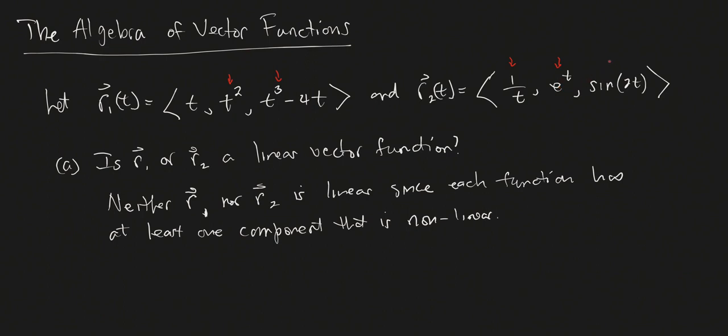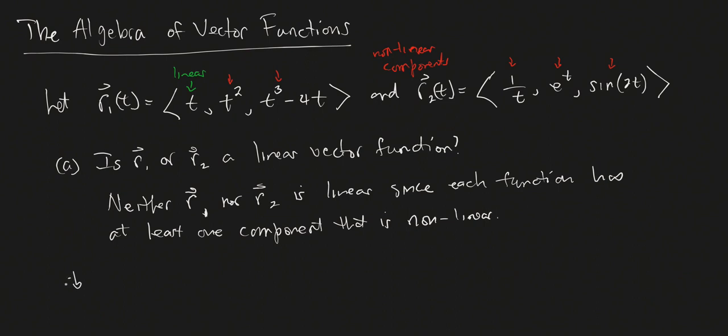This is a trigonometric function, not linear. So the ones I've highlighted in red are non-linear components, right? The only component that is linear is this one. But if at least one component of the function is non-linear, then we classify the entire function as non-linear, all right?